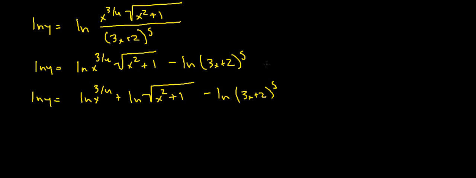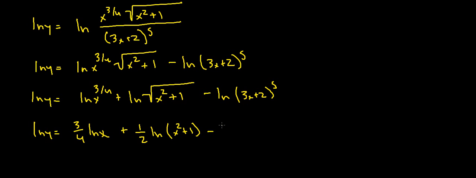And then the last thing, I'm going to use the power rule of logarithms, where I can bring this out in front of the logarithm. So I'll have 3/4 natural log of x plus 1/2 natural log of x squared plus 1 minus 5 times the natural log of 3x plus 2.